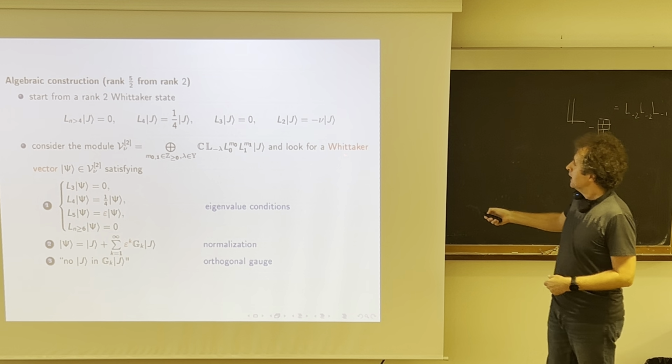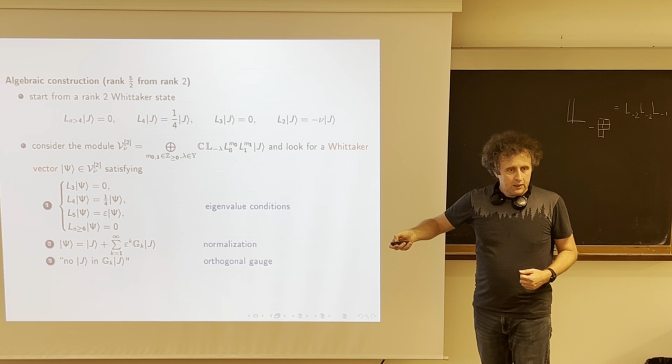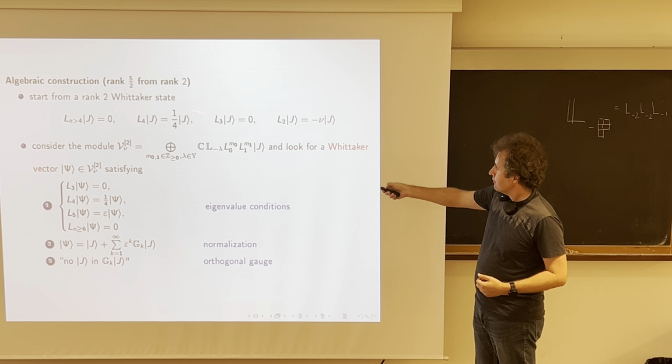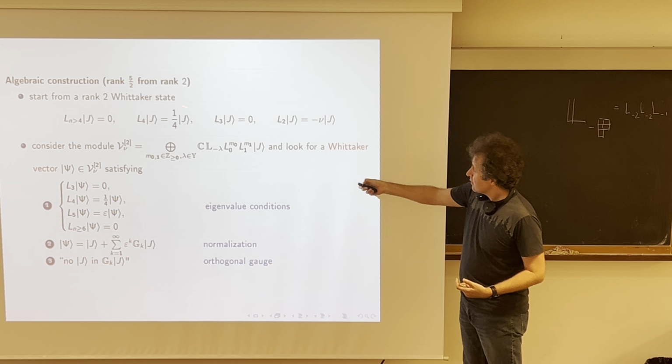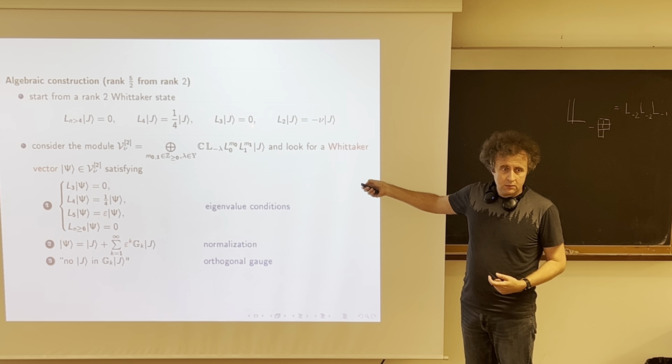Choosing them this way is not a loss of generality, because I can act on this by a Virasoro group-like element or an SL2 group-like element, which changes the eigenvalues, so I have fixed two of them as I like, 1/4 here and 0 here.